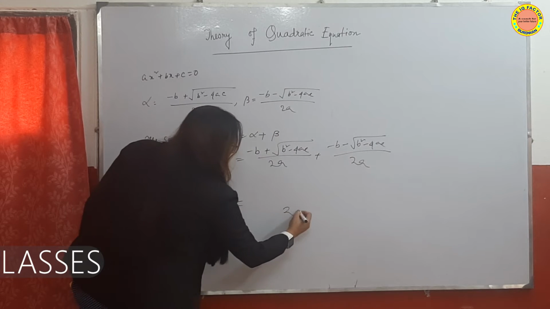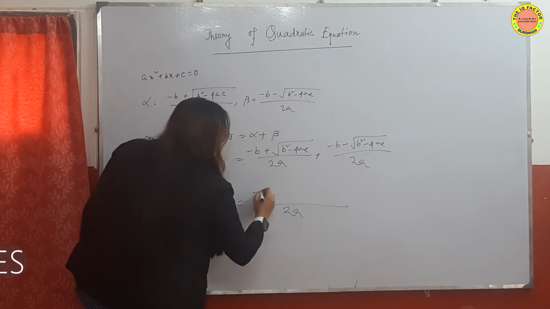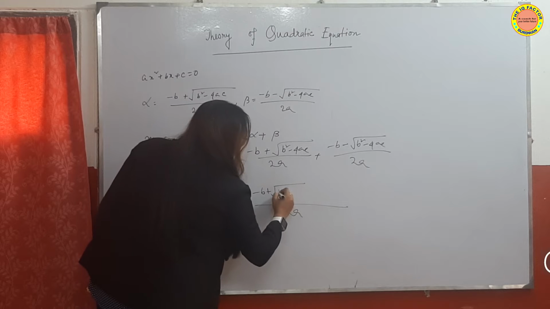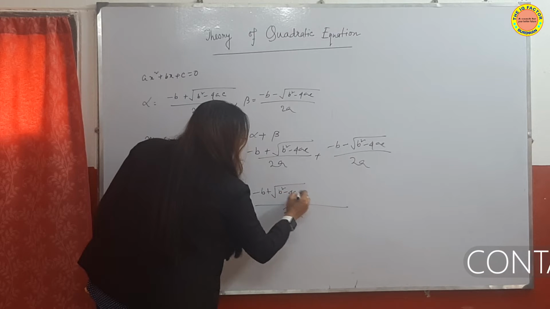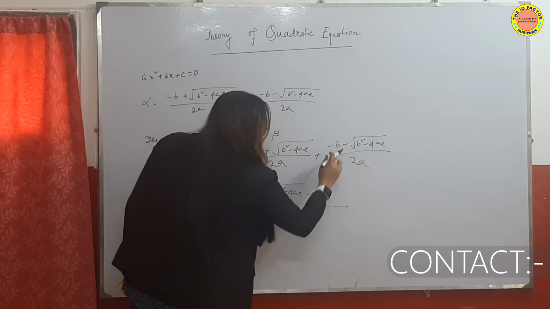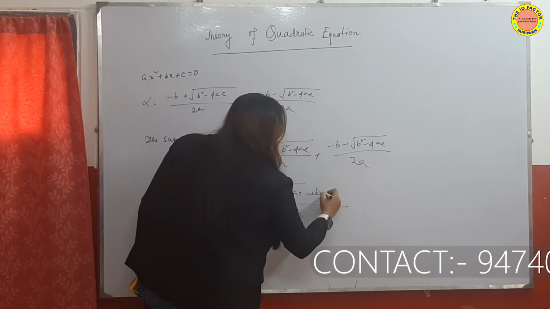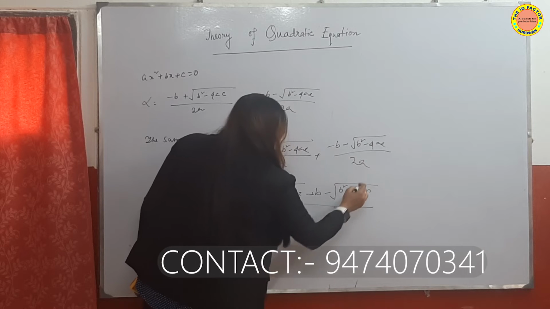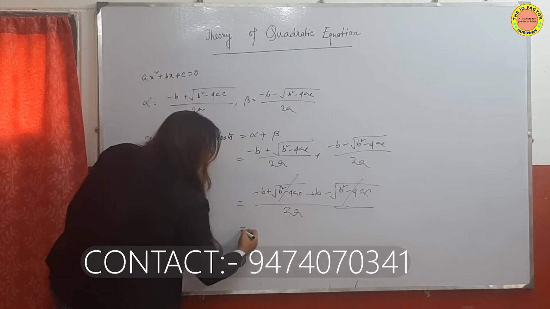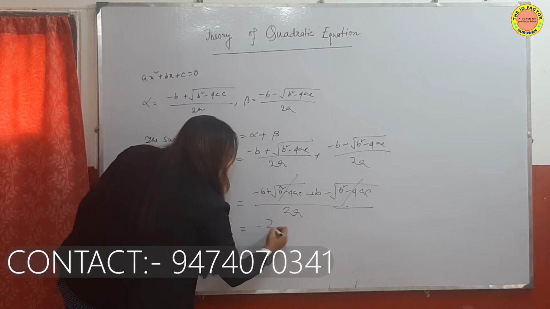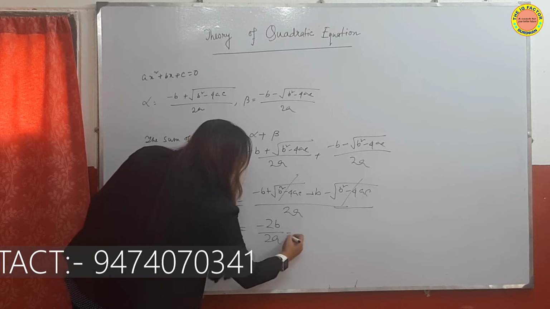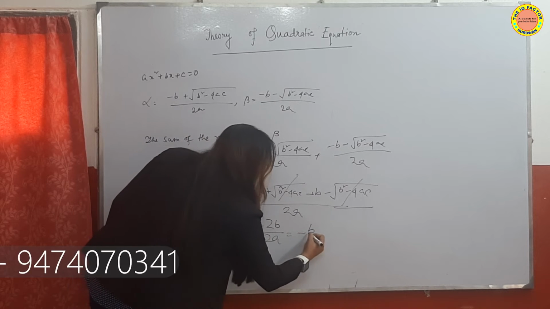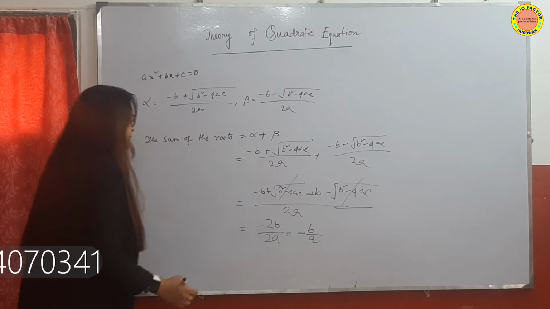Simplifying this, it will be minus b plus root of b square minus 4ac, minus b minus root of b square minus 4ac. So this will be cancelled out, minus 2b by 2a, which is minus b by a.